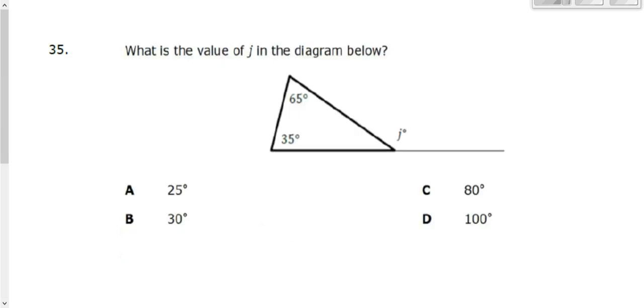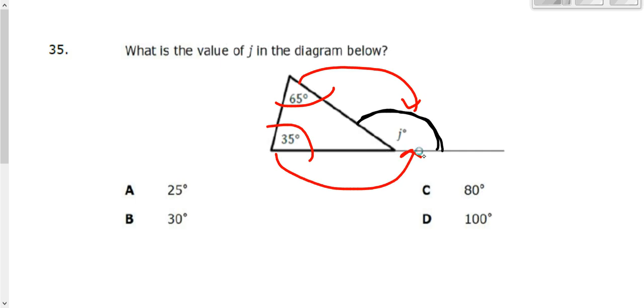Number 35, what is the value of J in the diagram below? Well, you should recall that our exterior angle can be found by taking our two remote interior angles. So not the angle next to it, but the two opposite angles, that if I ripped them off, they'd actually fit inside of here.